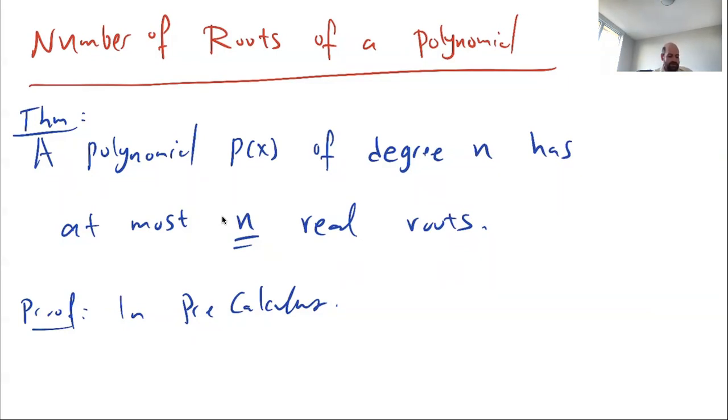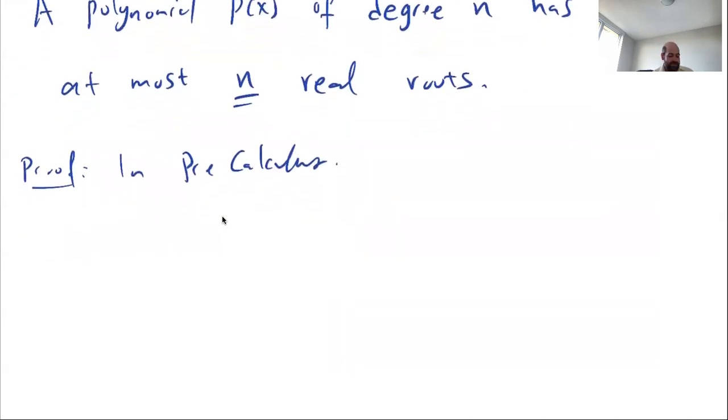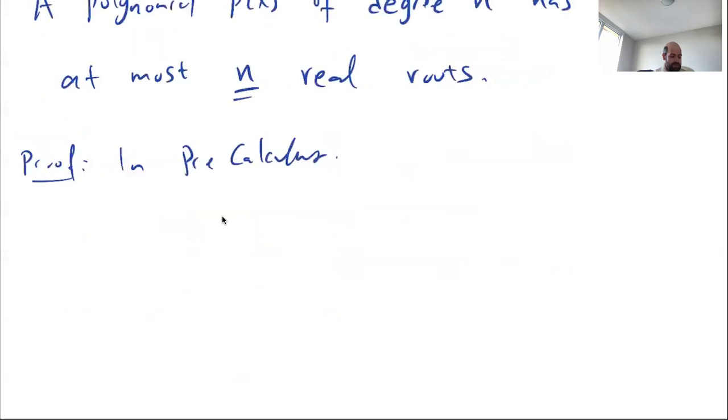But what happens if you look at the polynomial as a polynomial in Zp? Can we still say that this theorem is still valid? So, another theorem. This theorem is called Lagrange's theorem.